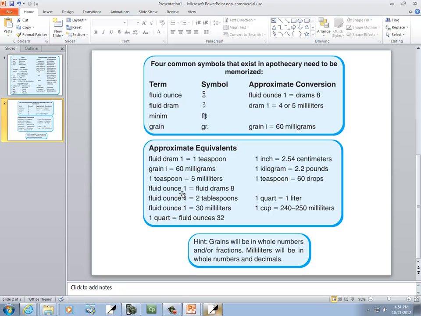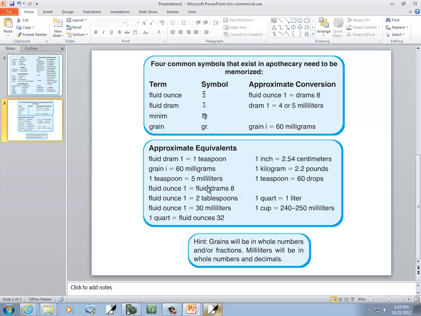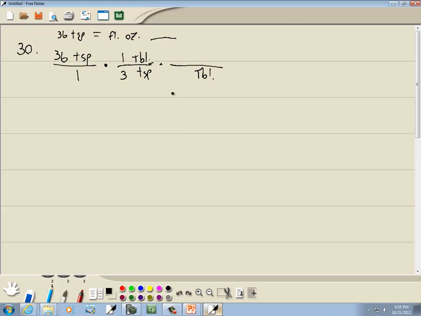Teaspoons, fluid ounces. Teaspoon, teaspoon, teaspoon. I don't see any. But I do have fluid ounces to tablespoons, so let's go there. 3 teaspoons are in 1 tablespoon. Tablespoons is up there. Tablespoons has to be here. And we said 1 fluid ounce is in 2 tablespoons.